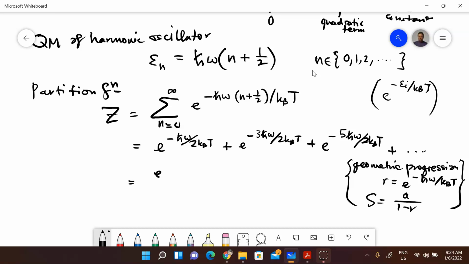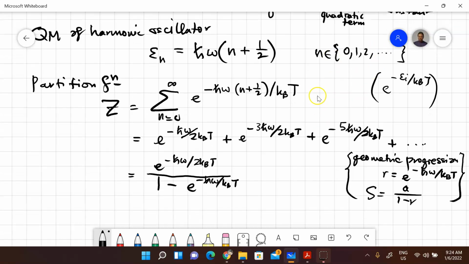So you have e to the minus h bar omega on 2 kBT, divided by 1 minus r, and r is given by that. So that is 1 minus e to the minus h bar omega on kBT. Okay. So that is your partition function for the case of the vibrational motion.